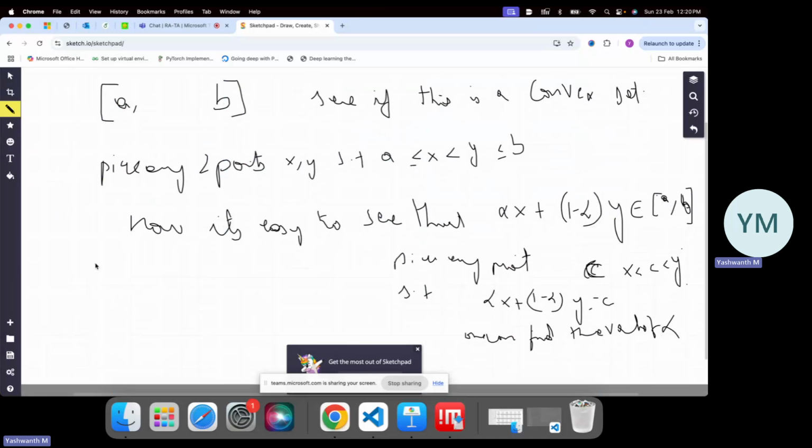So this shows that intervals are convex sets.